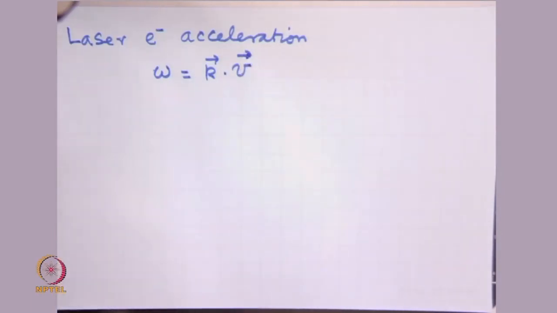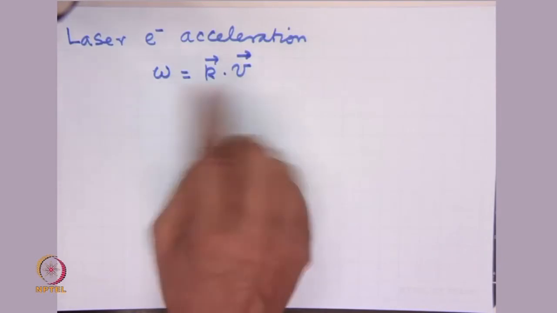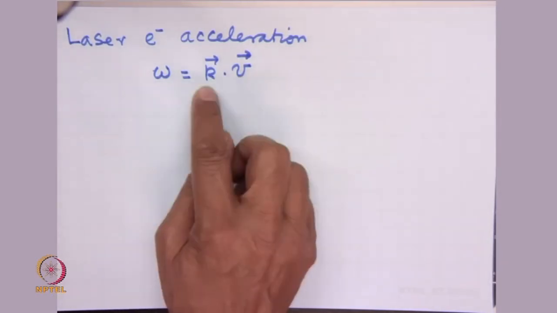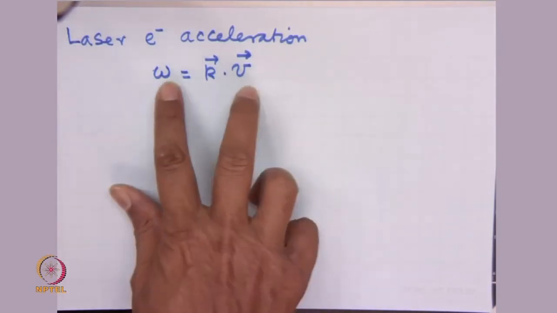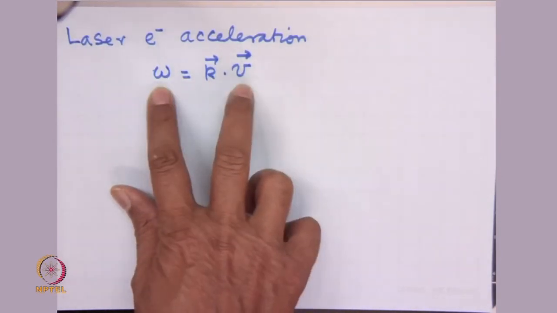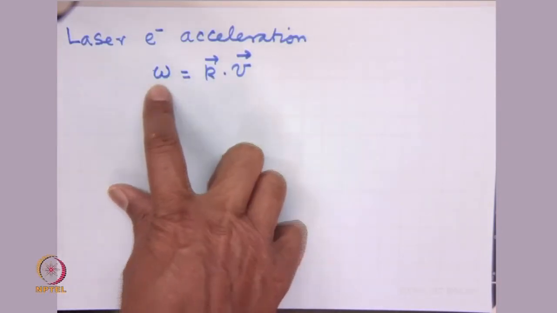When the velocity of electron v is such that the phase velocity of the wave as seen by a moving electron in this direction, that quantity they are equal, then the electron can resonantly interact with the wave, because the Doppler shifted frequency of the wave becomes 0 for the electron.